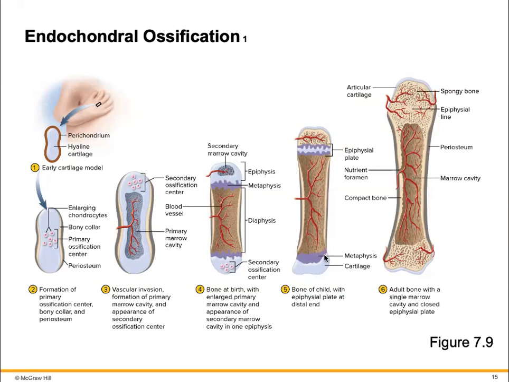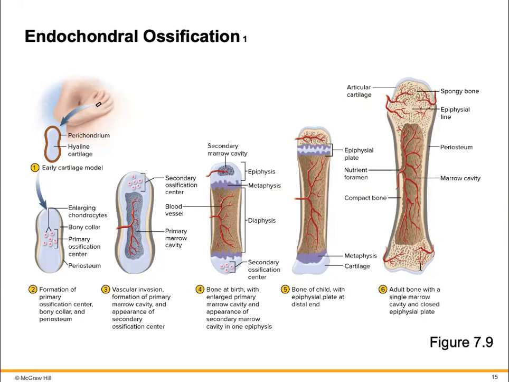But this is the residual cartilage that is then used during development once we're born through about our early 20s to elongate our long bones. And the only residual cartilage is that of the epiphyseal plate region and the articular cartilage on the ends of the long bone.